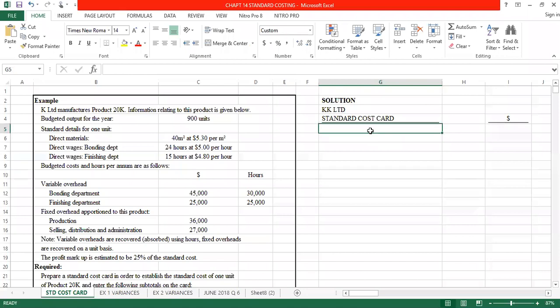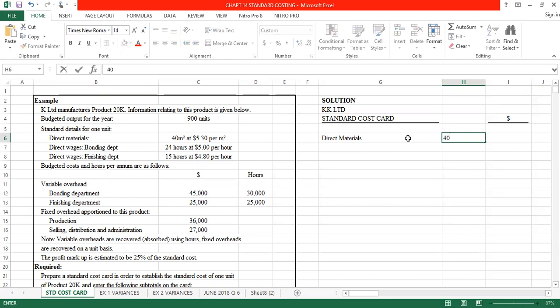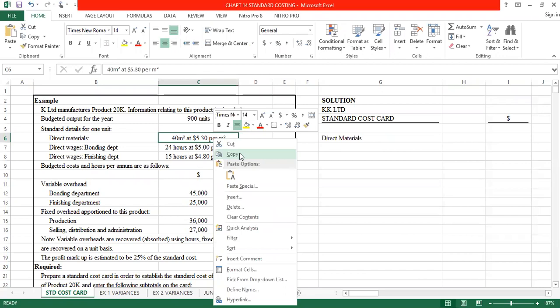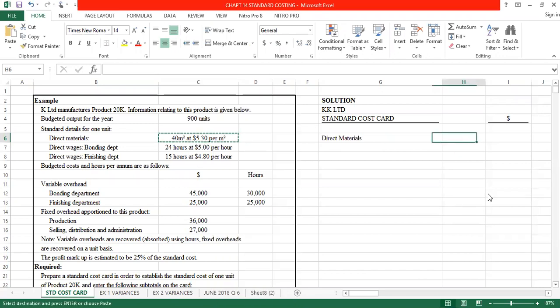Now, what did we say? What do you start with? You start with direct materials. In our direct materials, it is equal to standard details of 1 unit. It is 40, this is for 1 unit. So I can just copy this and bring it there.